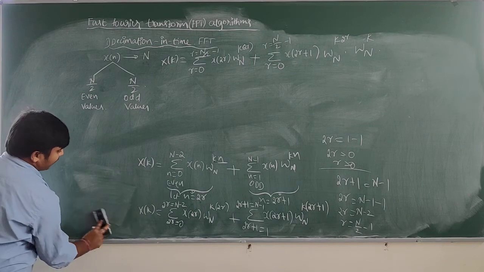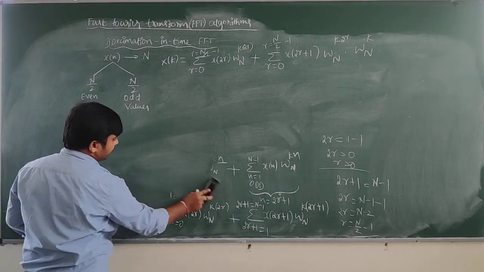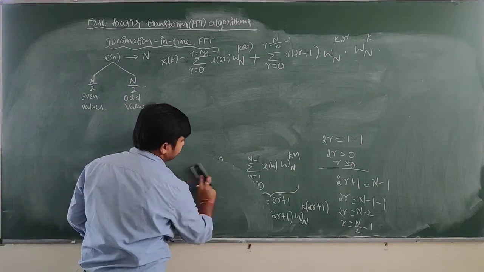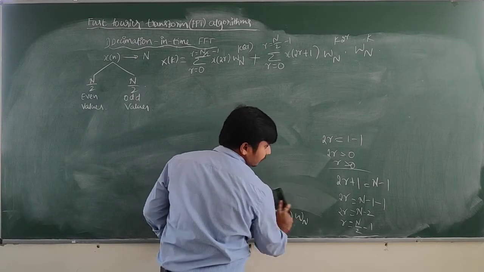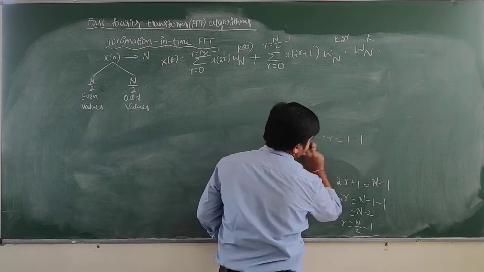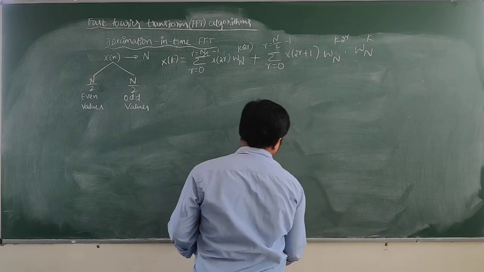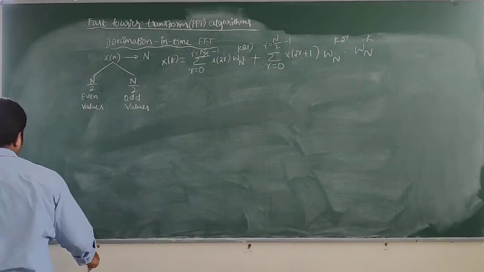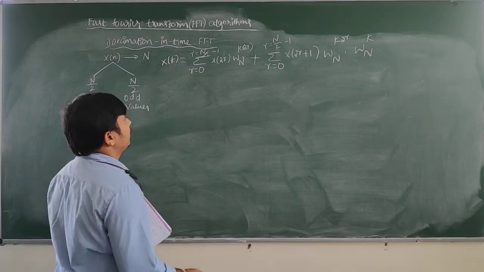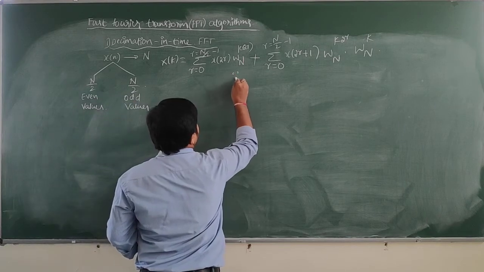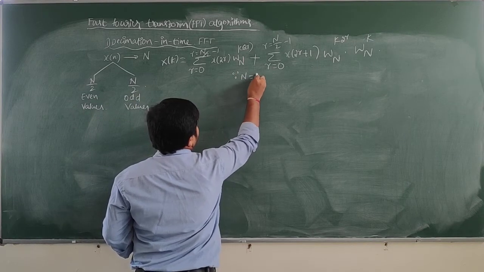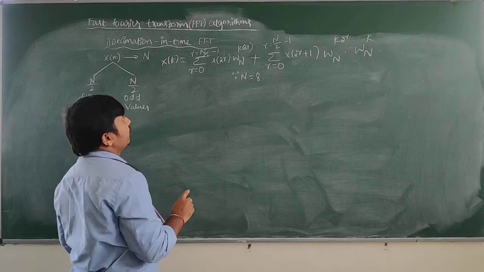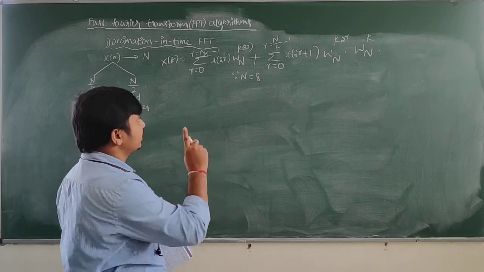I will take this capital N is equal to 8. So I will solve for 8-point DFT, that is capital N is equal to 8. Okay, so wherever capital N is there, replace by 8.